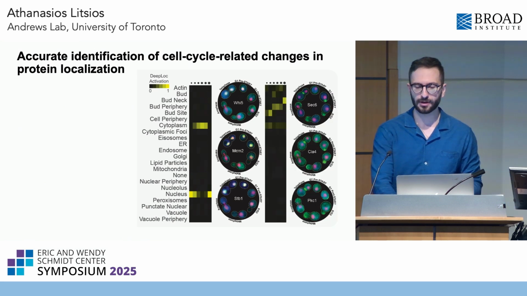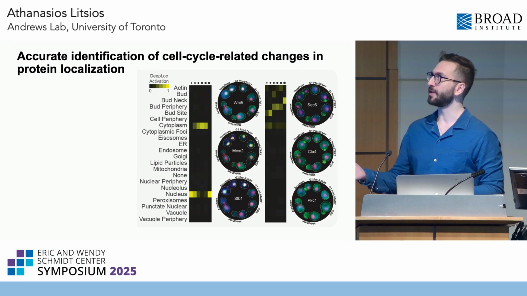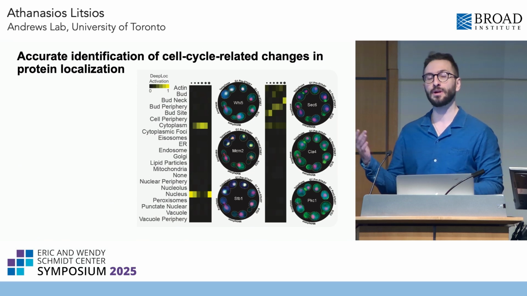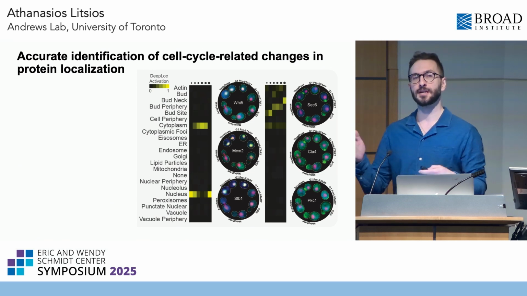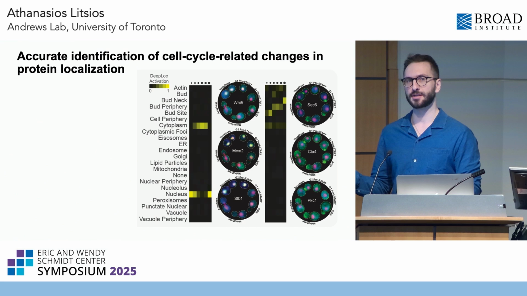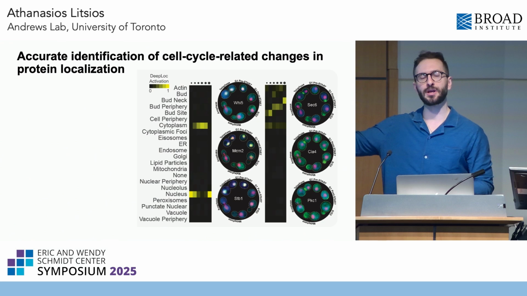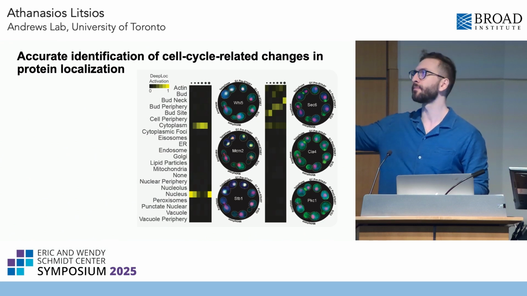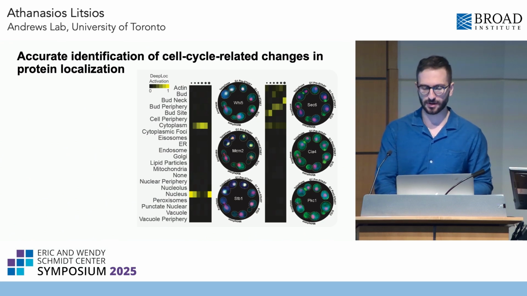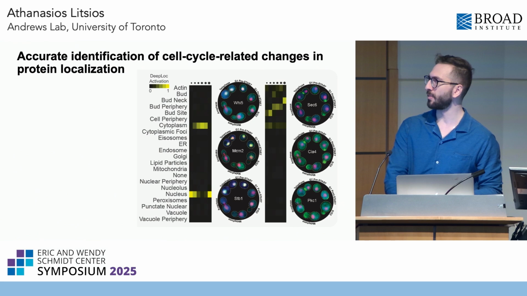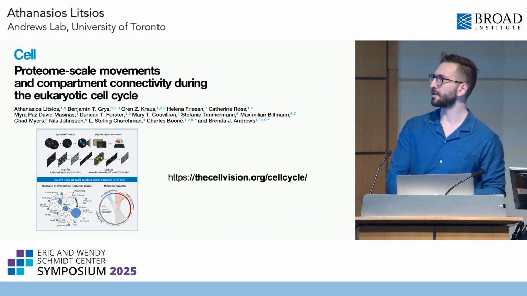And we found that our pipeline could also accurately predict other well-known but way more complex cell cycle-specific changes in protein localization. By applying this pipeline to the complete visible yeast proteome and also extracting protein abundance measurements from the very same cell images, we could generate a highly resolved spatiotemporal map of the proteome during the cell cycle.